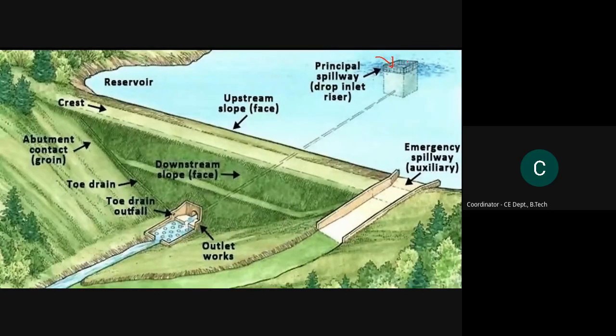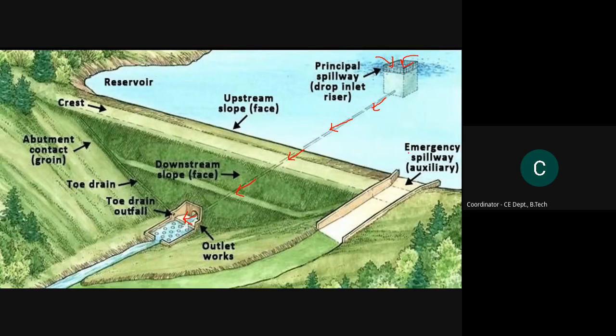That excess water will follow this path, and will go out from this outlet work. So this part is also called the outlet work, where the excess water will go out, and it will definitely reduce the excess water pressure in the dam.